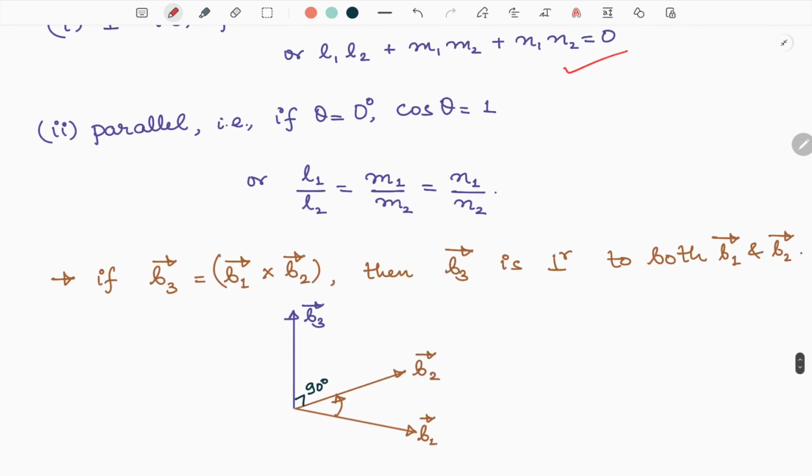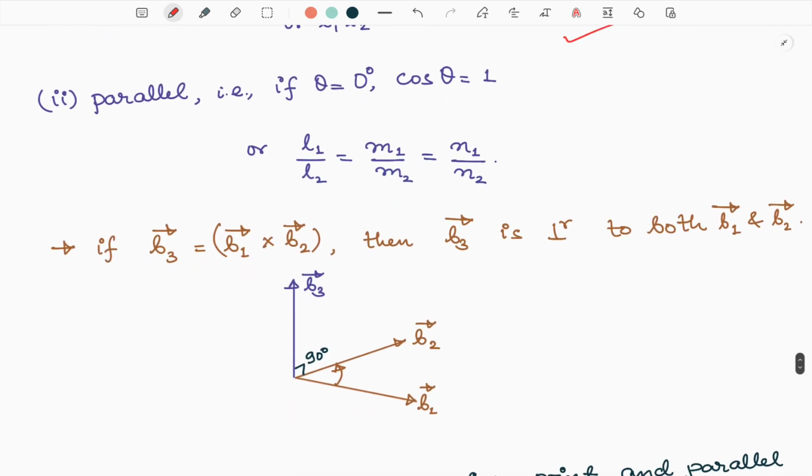And another thing we need to solve part B is that when we are asked to find a vector which is perpendicular to two given vectors, we apply the formula b3 vector is equal to b1 cross b2 vector. Here b3 vector is perpendicular to both b1 vector and b2 vector. So applying these two formulas, we will now calculate the 33b part.